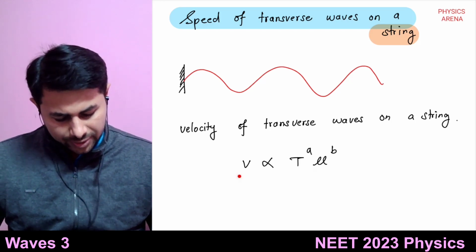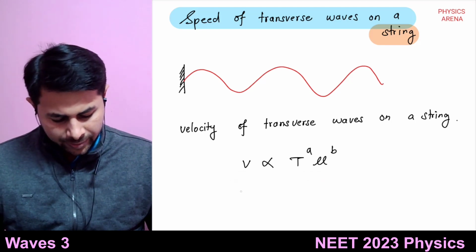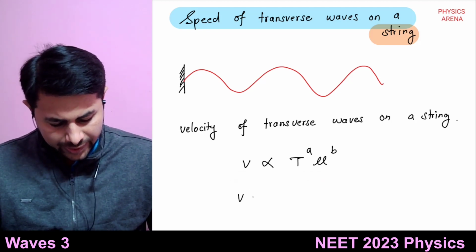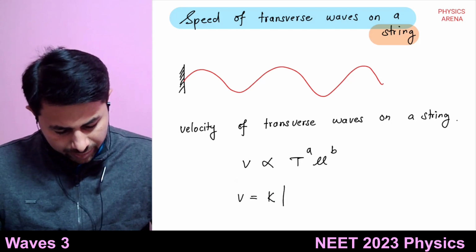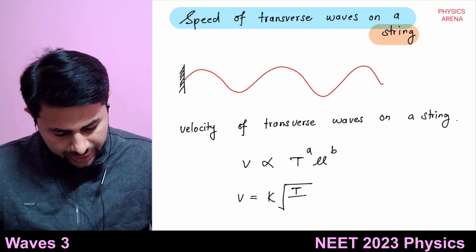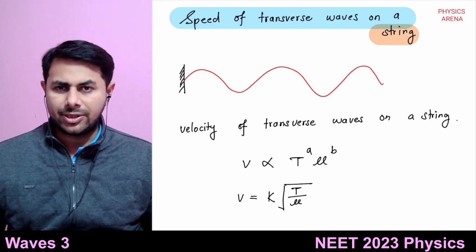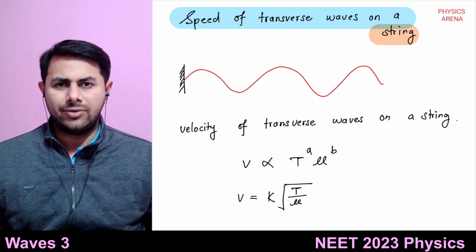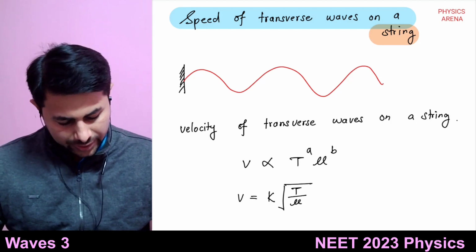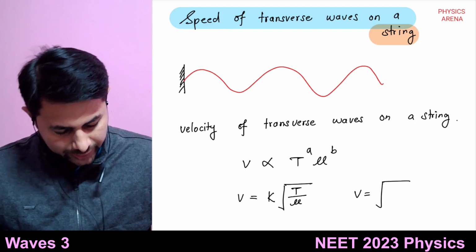We can solve this using dimensional analysis, and we get some constant multiplied by the square root of T divided by mu. If we solve it using dimensional analysis, it turns out that this constant is equal to 1.